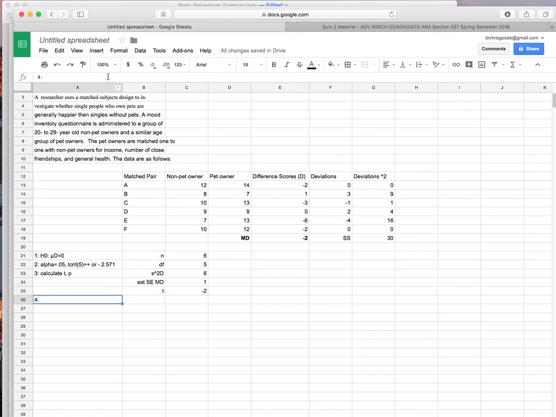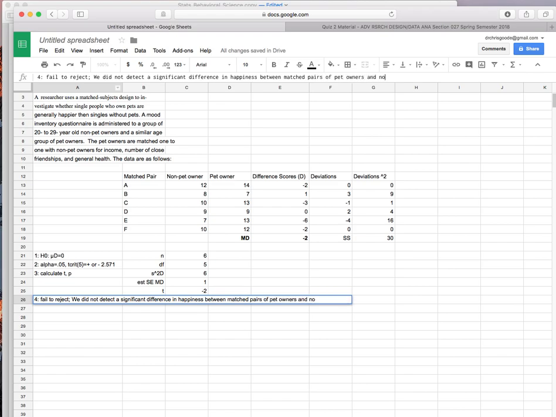So we're going to fail to reject, and we're going to conclude that we did not detect a significant difference in happiness between matched pairs of pet owners and non-pet owners.